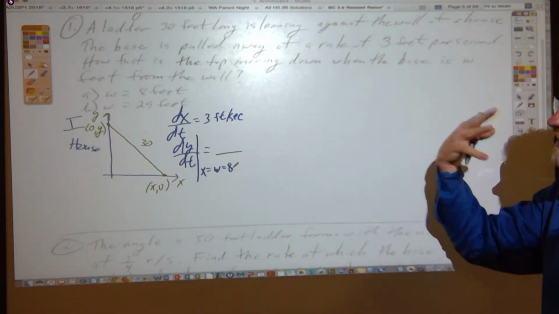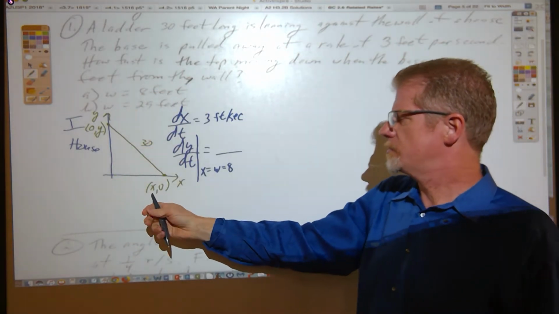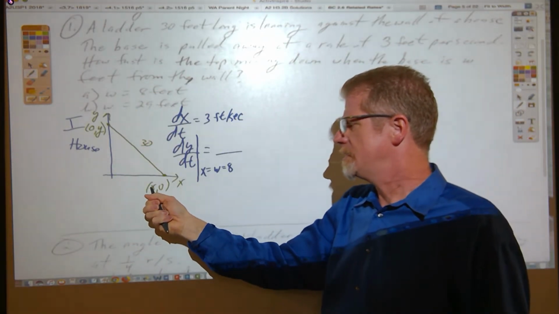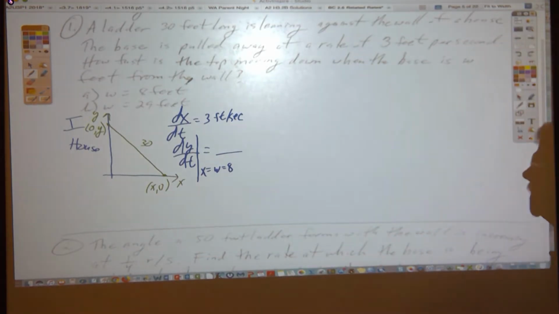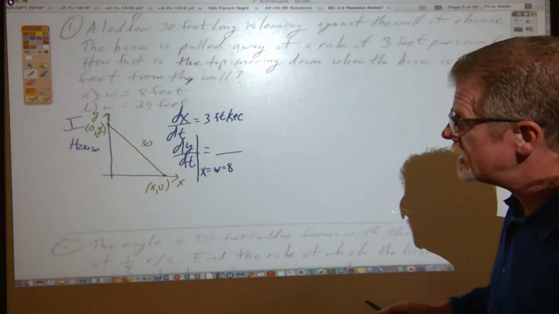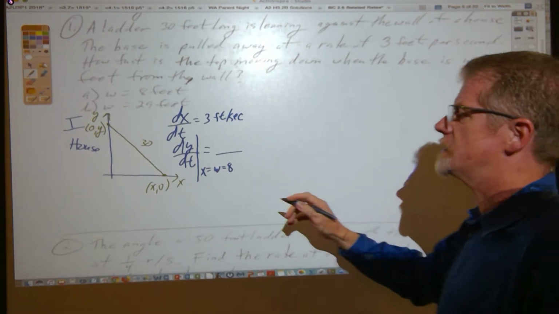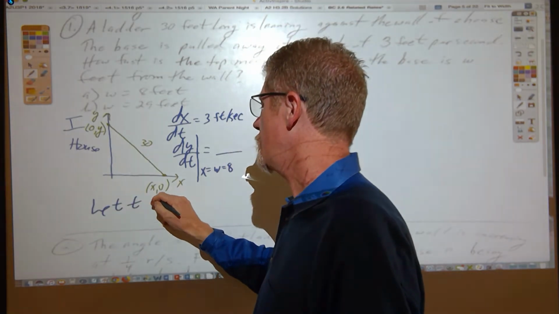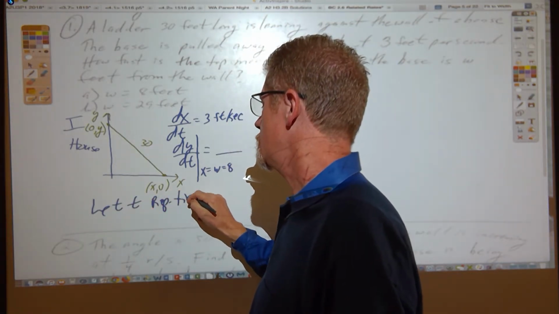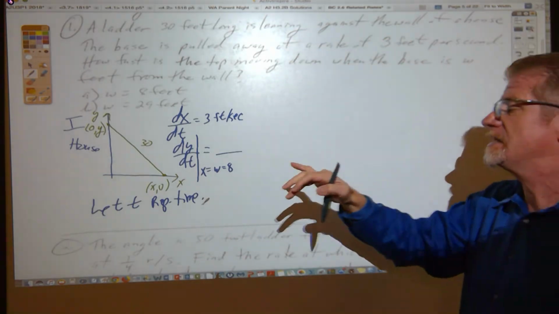So w kind of crept in here. You might be wondering, should I call this w comma 0? No, you don't have to worry about that. I mean, you could, but when x equals w is 29. So that's what we're looking for. We need to define t as representing time. Let t represent time. Don't expect full credit unless every variable has a name.